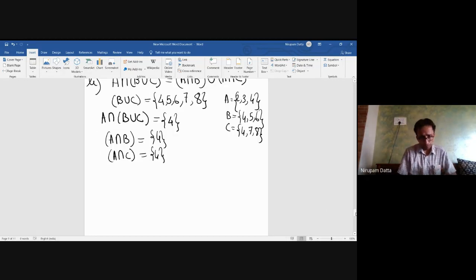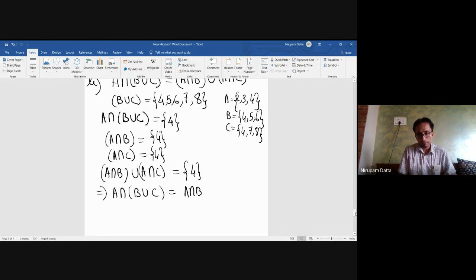So A intersection B union A intersection C is 4. This implies A intersection B union C is equal to A intersection B union A intersection C.